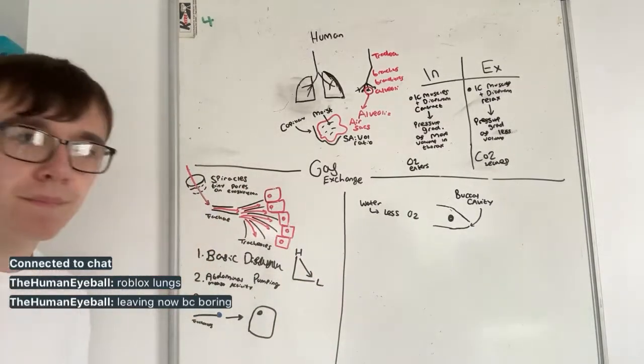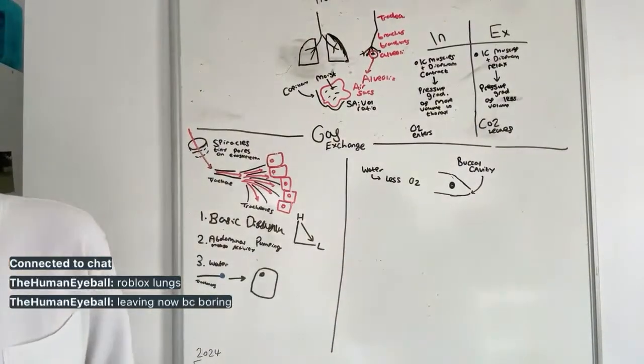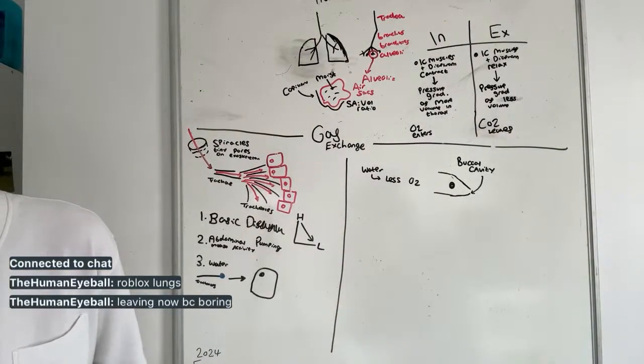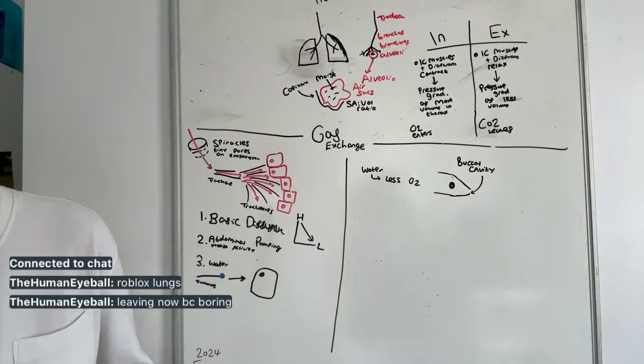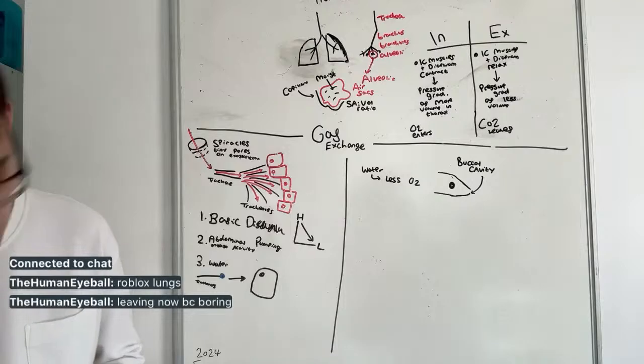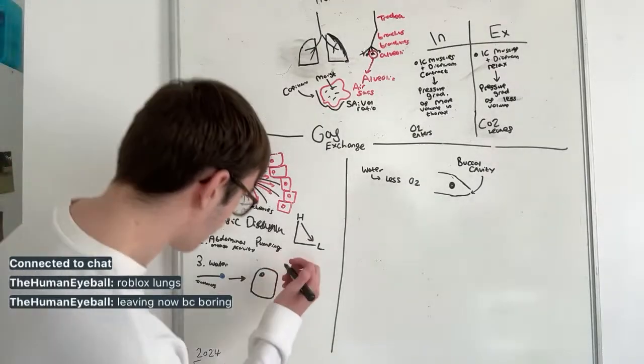The next one is abdominal pumping. The insects use their abdomen muscles, which contract and relax. It's a type of ventilation which removes CO2 and takes in O2, happens during movement as a result of pressure changes.